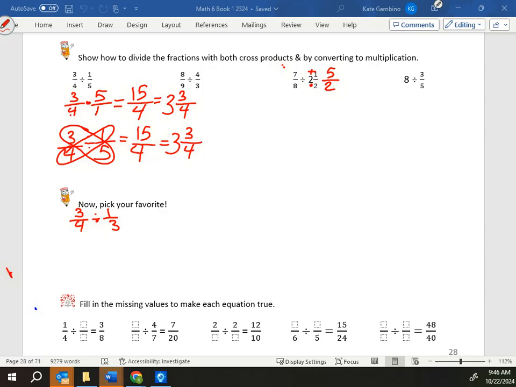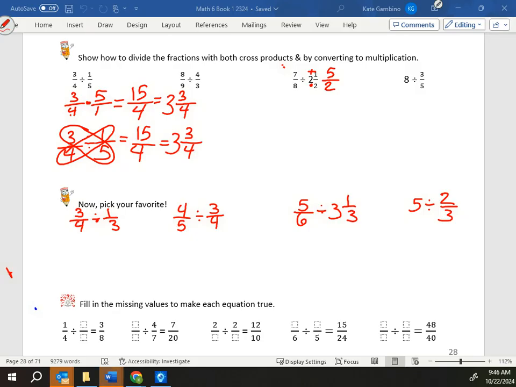Then we have 4/5 divided by 3/4. 5/6 divided by 3 1/3. And 5 divided by 2/3.